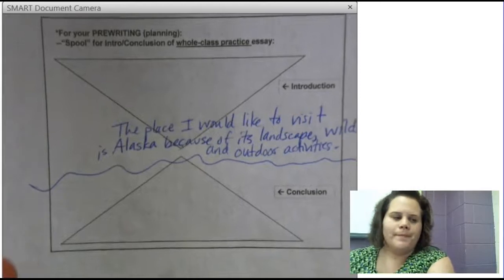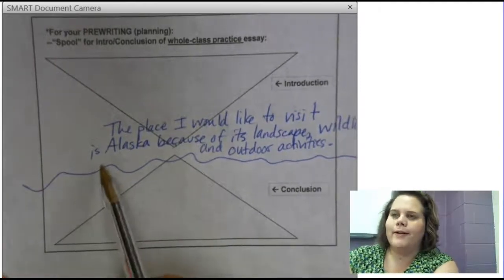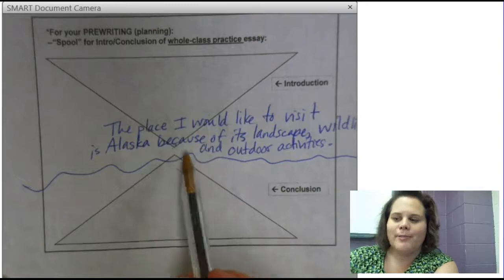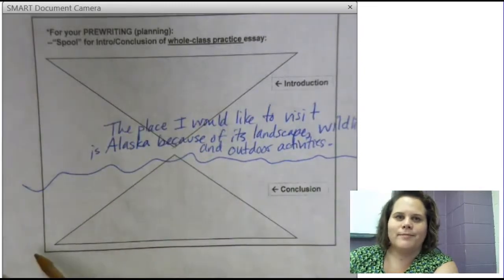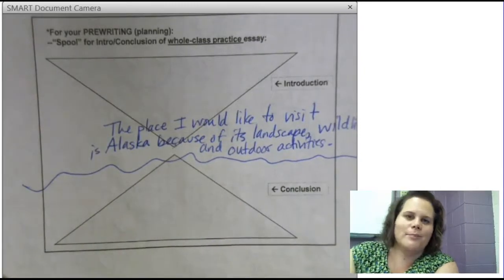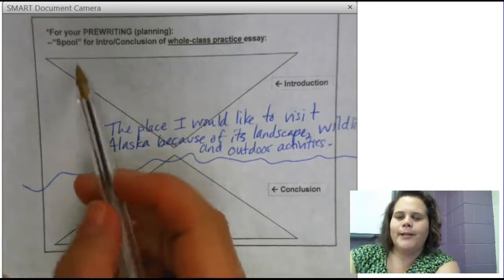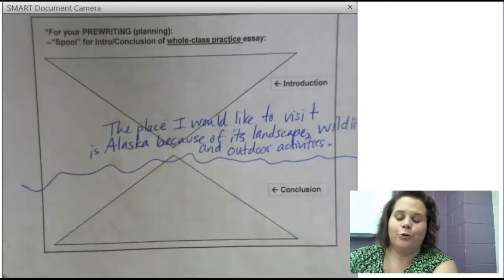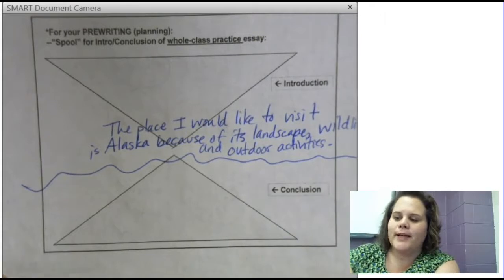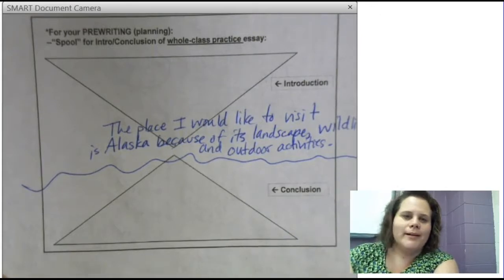Okay, so let's think about what everybody's writing about. Everybody's writing about a place they want to visit. Does everybody want to visit the same place? Could we say everybody wants to go to Alaska? No. But maybe we could say everybody has a place he or she would like to visit. Would that be true?